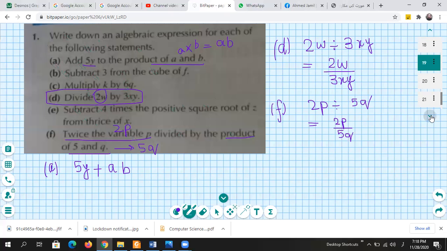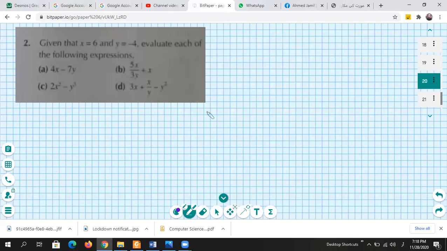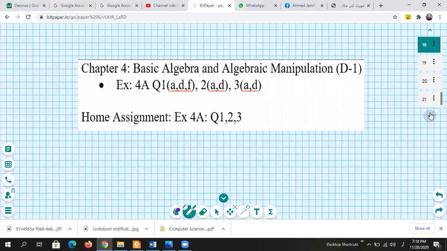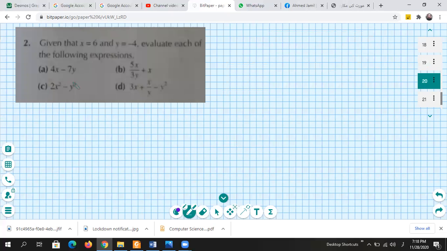Okay, moving towards the next question, question number 2. It is about inserting values into the algebraic expressions given in parts A, B, C, and D. So I'm trying part A and D here.